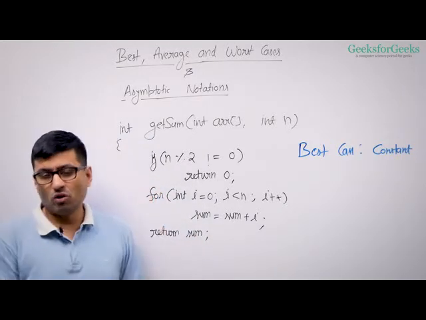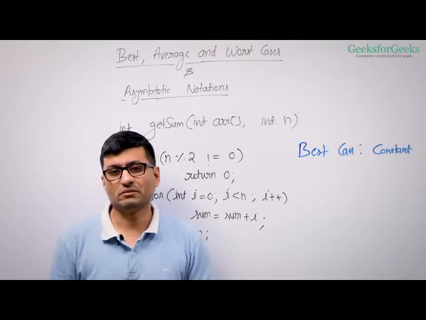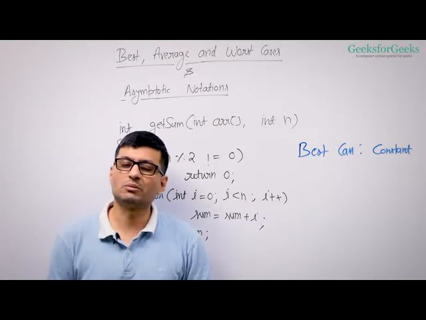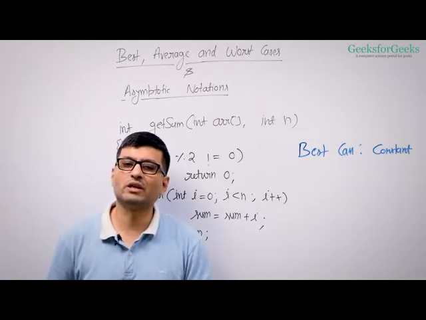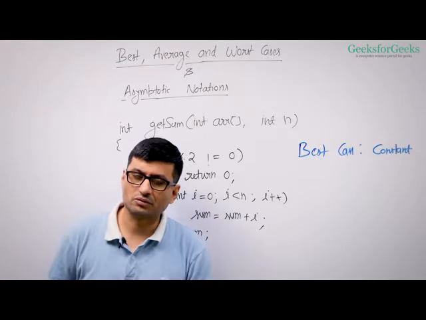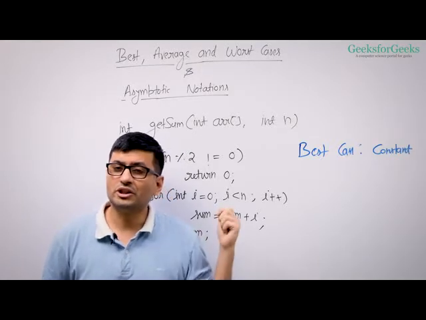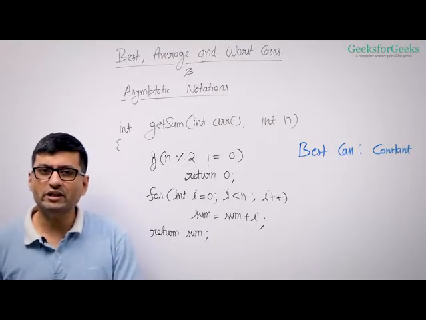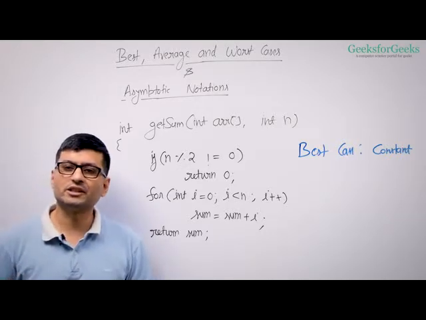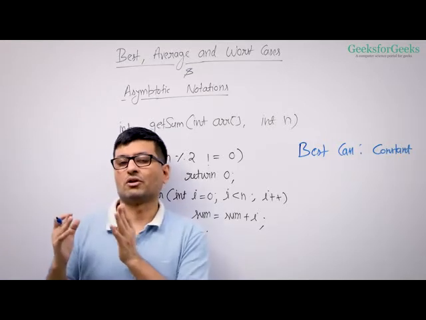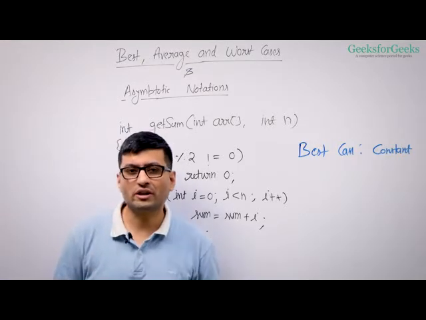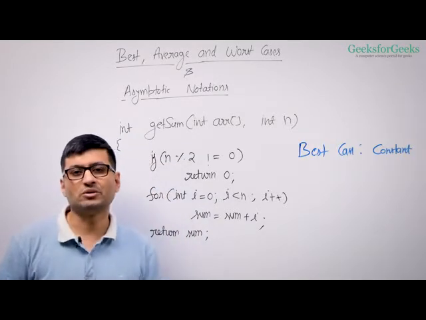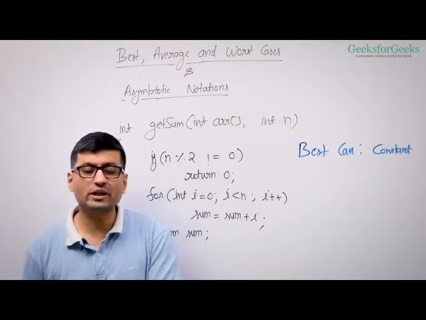So if we know all possible inputs, we can say I'll find the order of growth for every input, do the sum of all order of growth, and then do an average and find the average order of growth. So in this case, if you consider even and odd equally likely, then you can say average case is linear, because for even it's linear, for odd it's constant, constant plus linear is again linear. You can see it as n by 2, right?